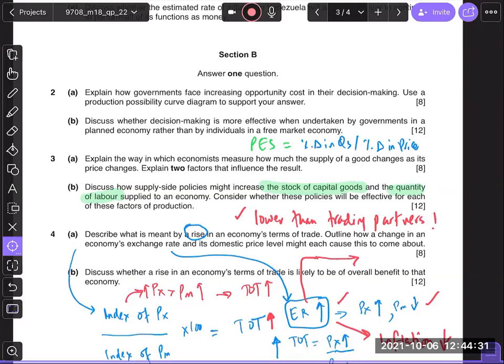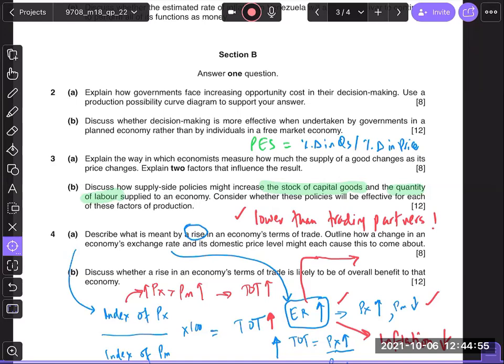It could be expenditure on, let's say, health, or expenditure on education, or more of capital goods for them also, versus spending on military goods could be another one. That could be another trade-off the government can face.